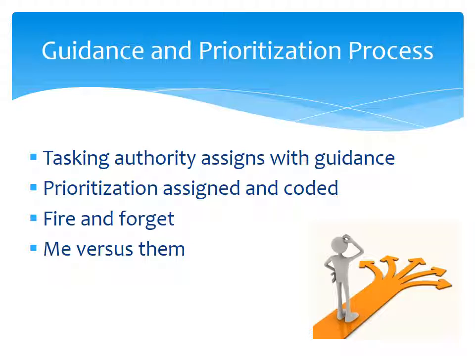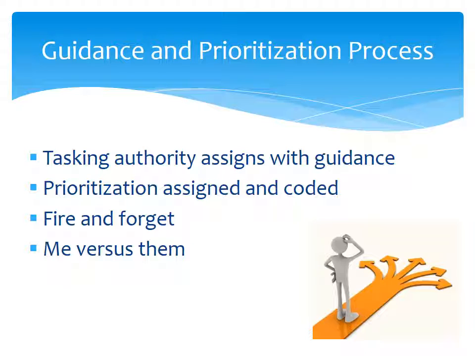The tasking authority needs to understand that when they send out a quick turnaround tasker, it's going to create a lot of stress. So it's up to them to take a good look at the task, make sure they've given proper time, even if it's a short tasker, to get the thing done.